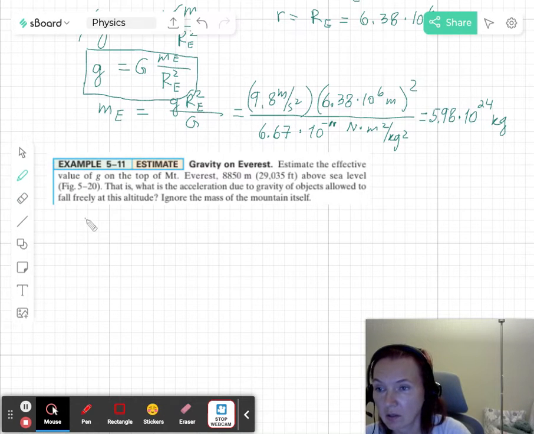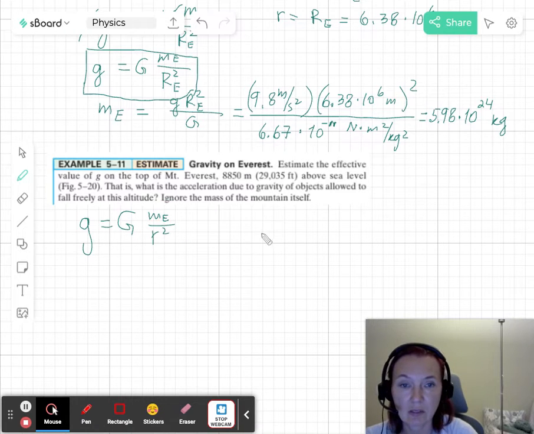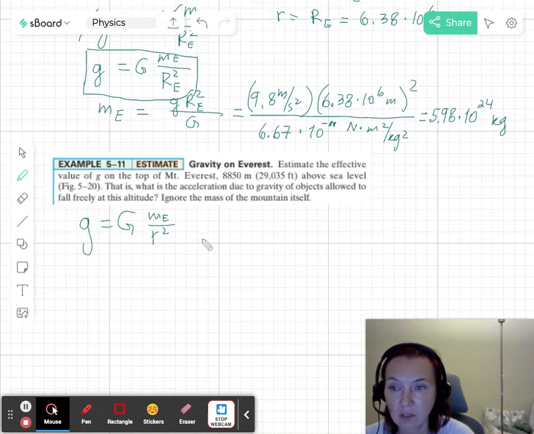So in our equation, lowercase g is going to equal G times the mass of the Earth over r squared. Now, r is actually not going to be just the radius of the Earth, because we are above the Earth's surface.